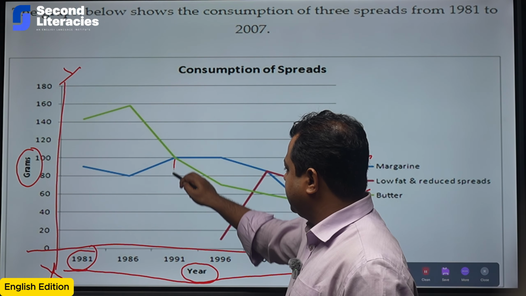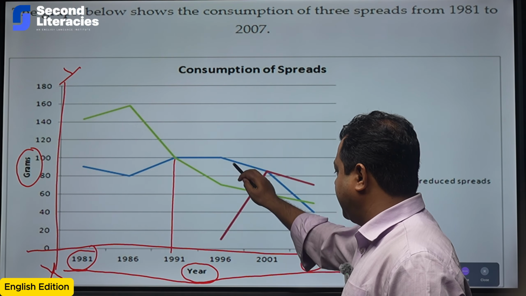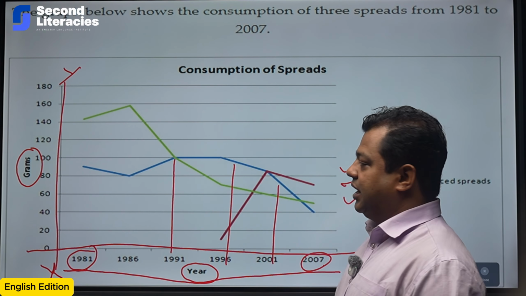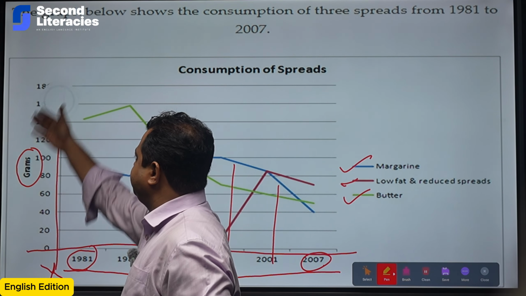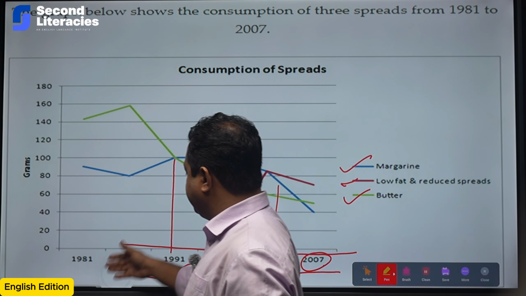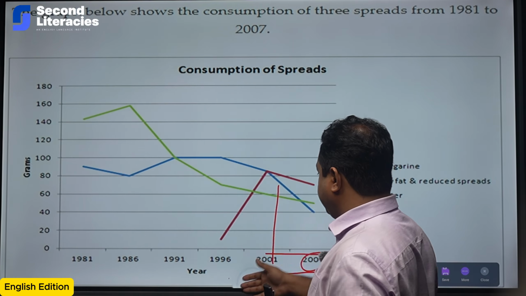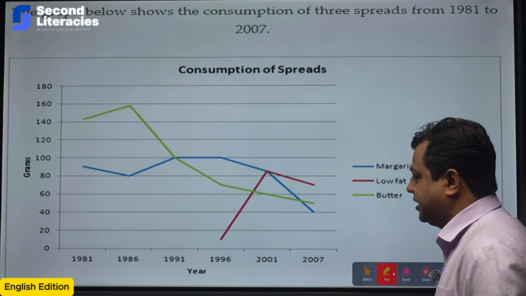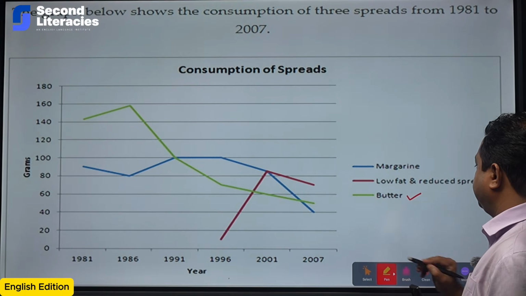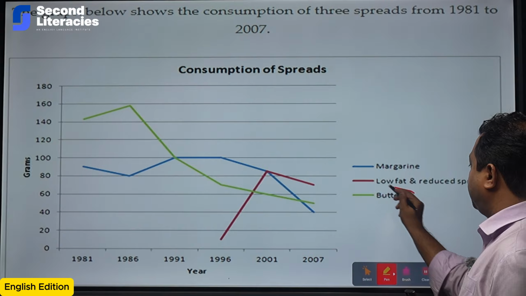After that, what happened in 1991, 1996 and 2001? So let's get deeper into the slides. First, we will discuss butter. Let's see what the condition of the butter was when it started in 1981.